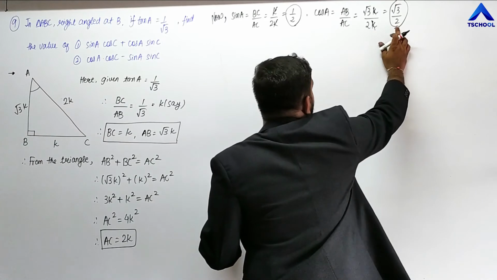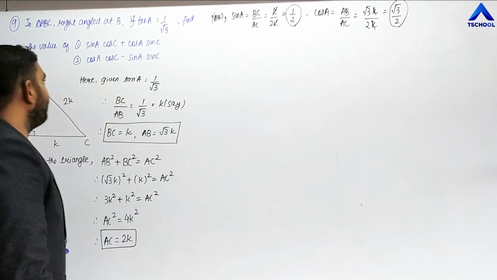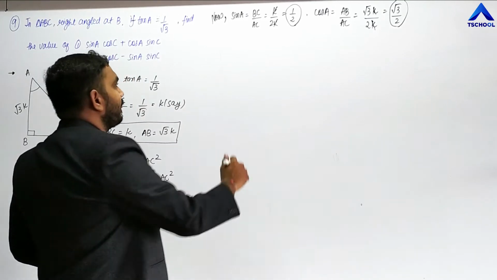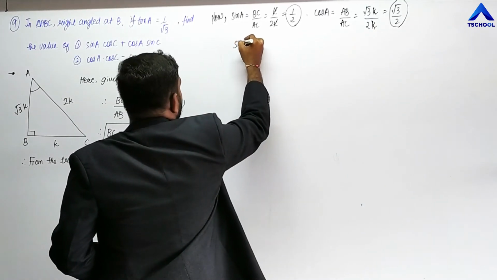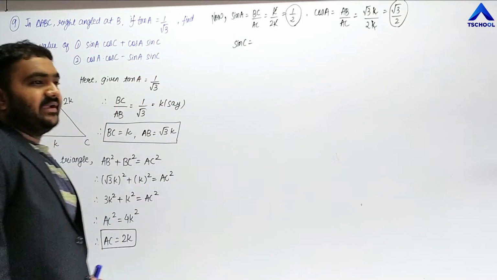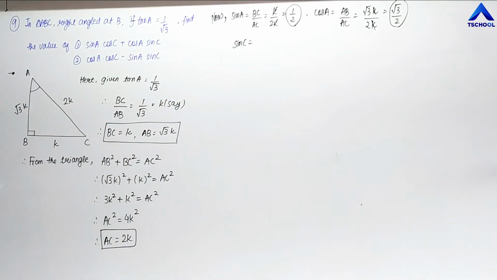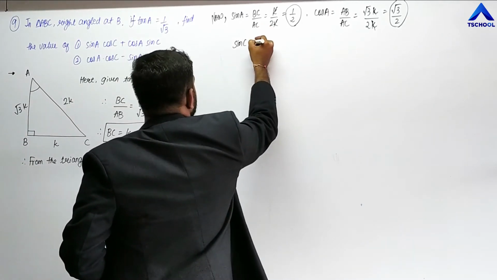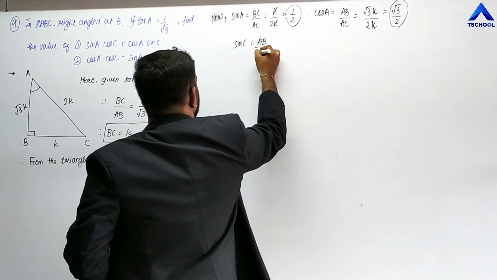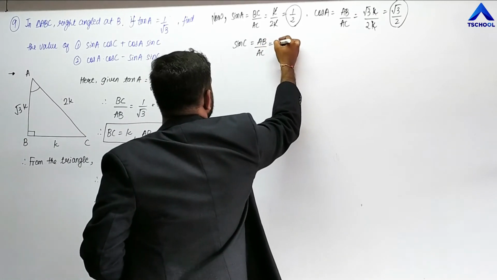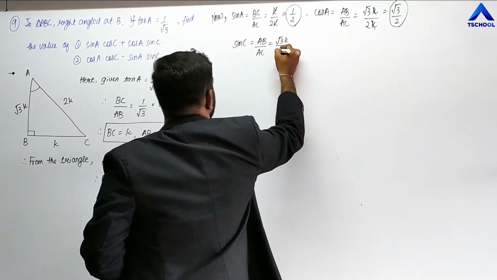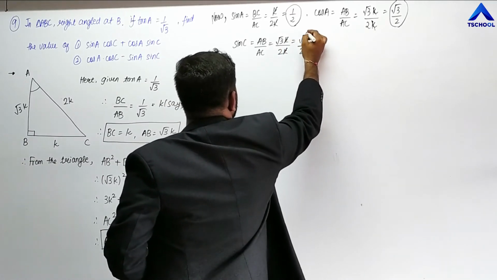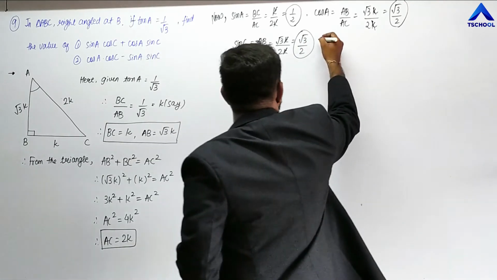Let us find out sine C and cos C also, because we will require those two. Now we shall find out sine C. So sine C is side opposite to angle C upon hypotenuse, that is AB upon hypotenuse AC, that is root 3k upon 2k. k and k are cancelled, that is root 3 by 2.